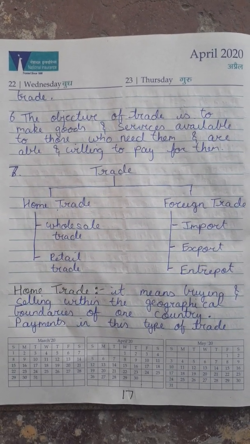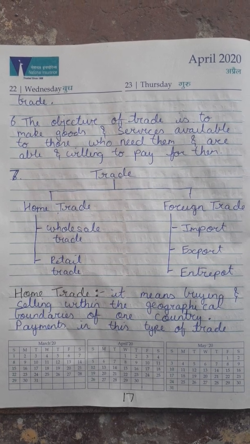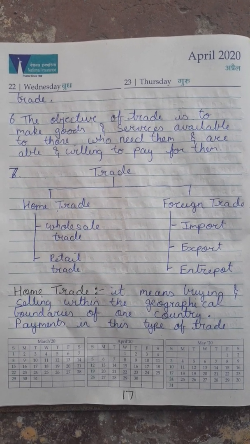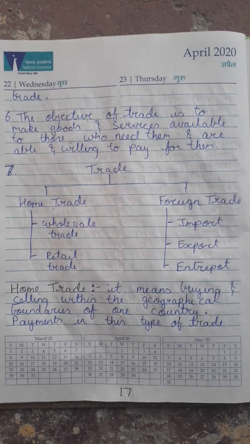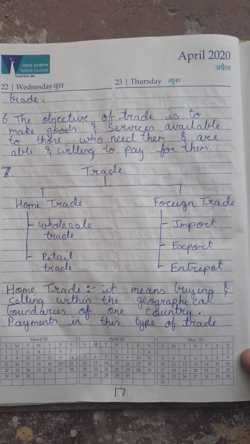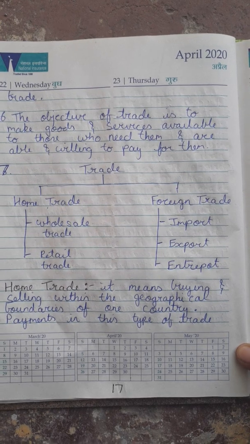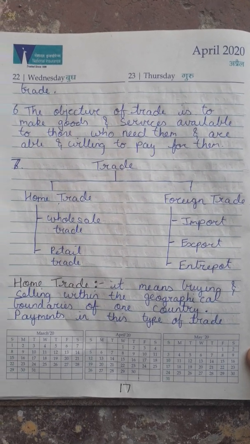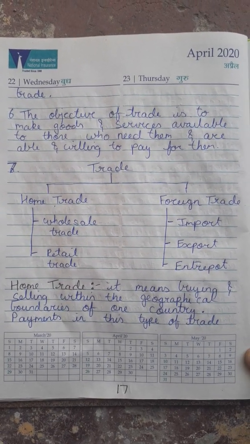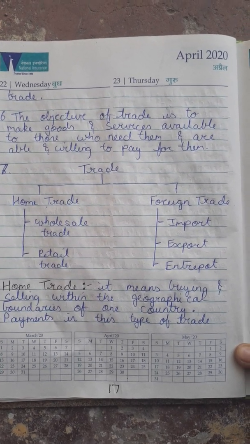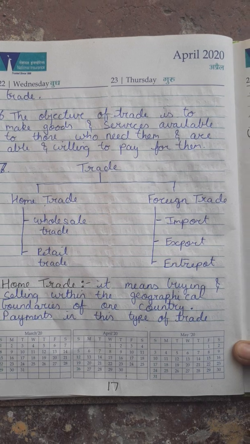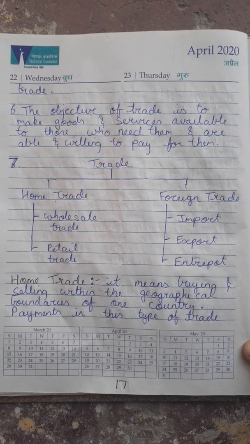What is home trade? When goods are bought and sold within the geographical boundaries of one country. For example, goods purchased within India and sold within India is called home trade. For example, A bought goods from Delhi and sold those same goods in Bombay.